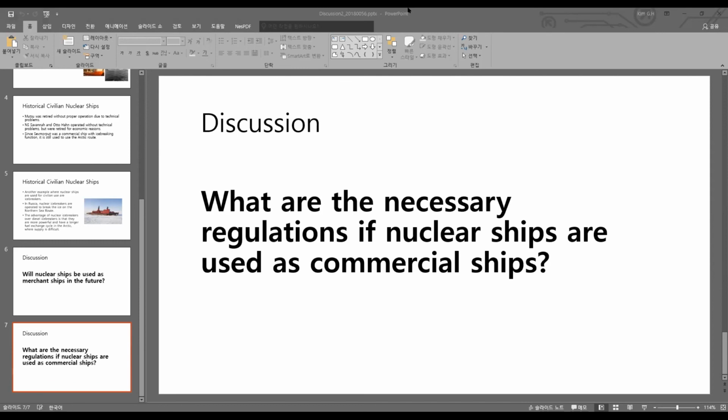So maybe some regulation about the amount of time the ship can stay at sea may be needed to reduce the exposure time. There should be limited exposure, right? There is a safe amount of exposure. So to keep the exposure within that limit, maybe a time limitation should be provided.